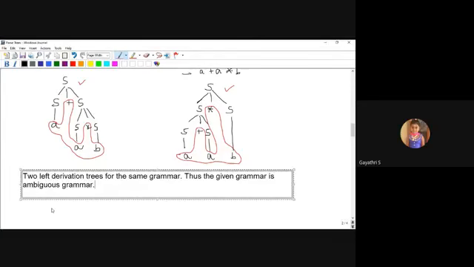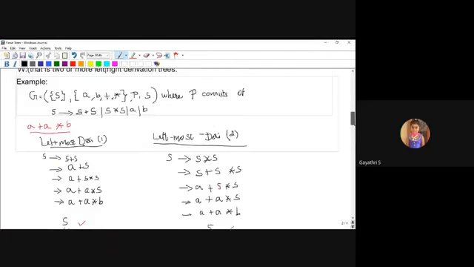If in all ways, in one or more left derivation trees all the parse trees are the same, as well as in the rightmost derivation trees all the parse trees are the same, as well as leftmost and rightmost parse trees are the same, then the grammar is unambiguous grammar. Else the problem is ambiguity. So this is the example for an ambiguous grammar.